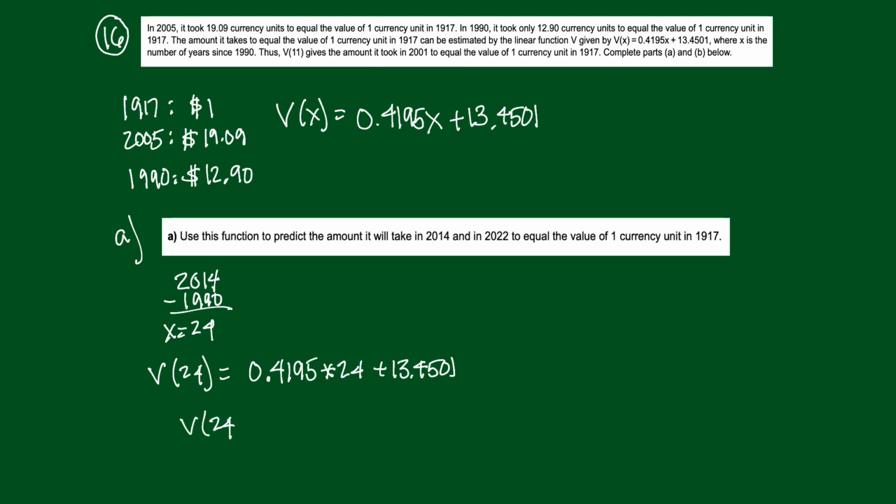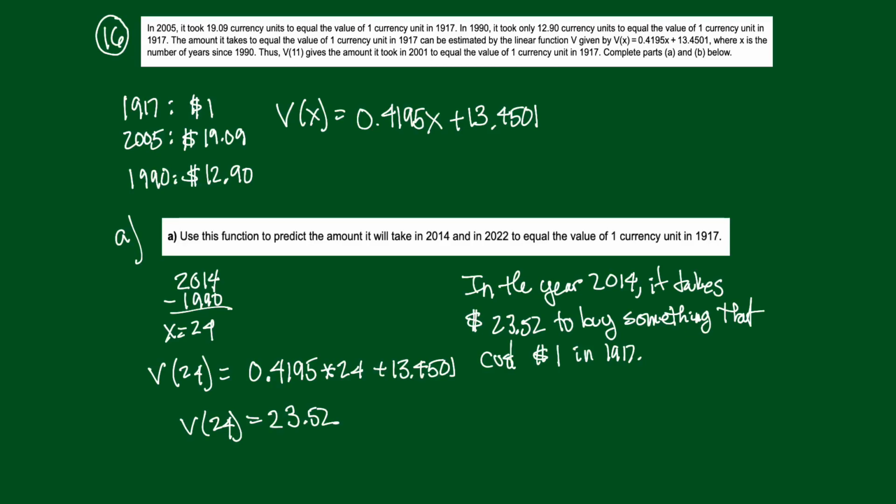I get 24 years after 1990, it takes $23, now I'm going to round off here, and 52 cents to buy something that cost $1 back in 1917. So I'll write that here. It's nice to get a number, but it's even nicer if you can interpret it for somebody. So in the year 2014, it takes $23.52 to buy something that costs $1 back in 1917.